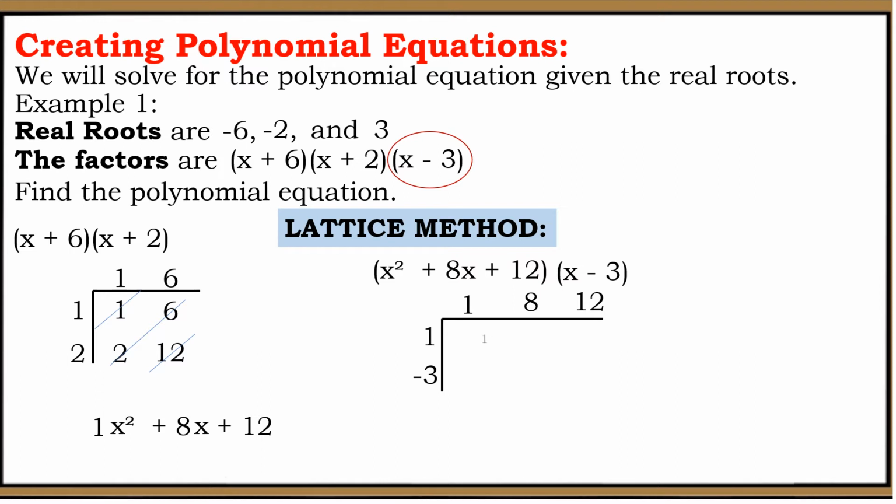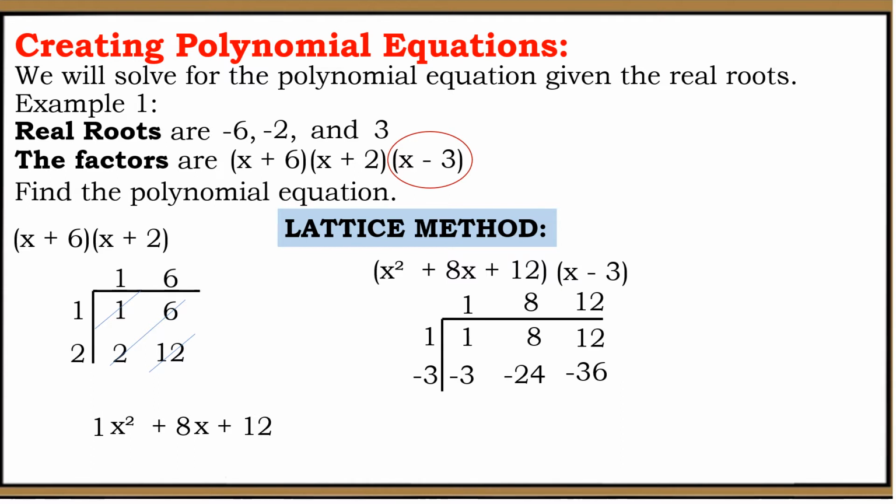Then we multiply. 1 times 1, 1. 1 times 8, 8. 1 times 12, 12. Then negative 3. Negative 3 times 1, negative 3. Negative 3 times 8 is negative 24. Negative 3 times 12, we have negative 36.